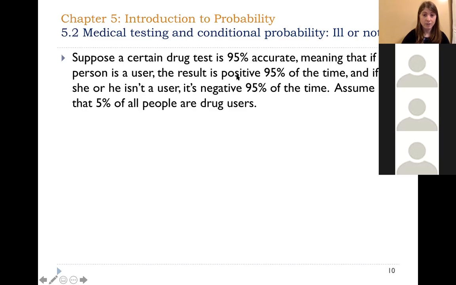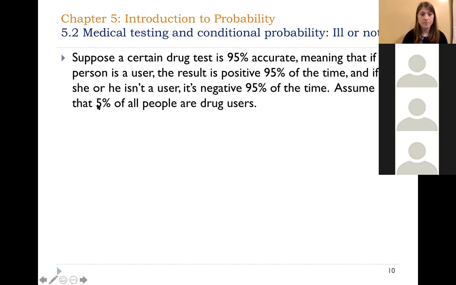What they're actually telling you with this 95% accuracy is a 95% sensitivity: if the person is a user, the result is positive 95% of the time. And specificity: if a person isn't a user, you're negative 95% of the time. Sometimes they'll use that verbiage rather than sensitivity and specificity.